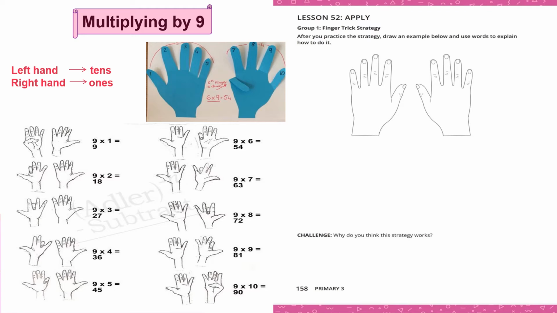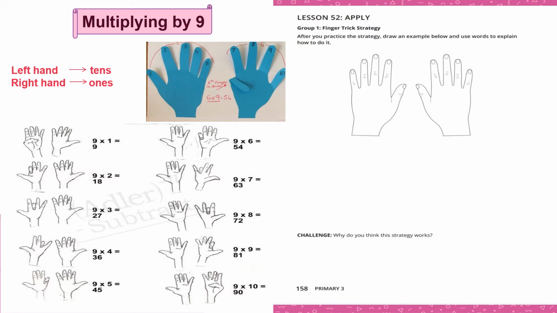Another example, 9 times 2. The first step, look at the other number. The other number here is 2. The second step, you should bend down finger number 2. Ask yourself, how many fingers on the left side? 1.